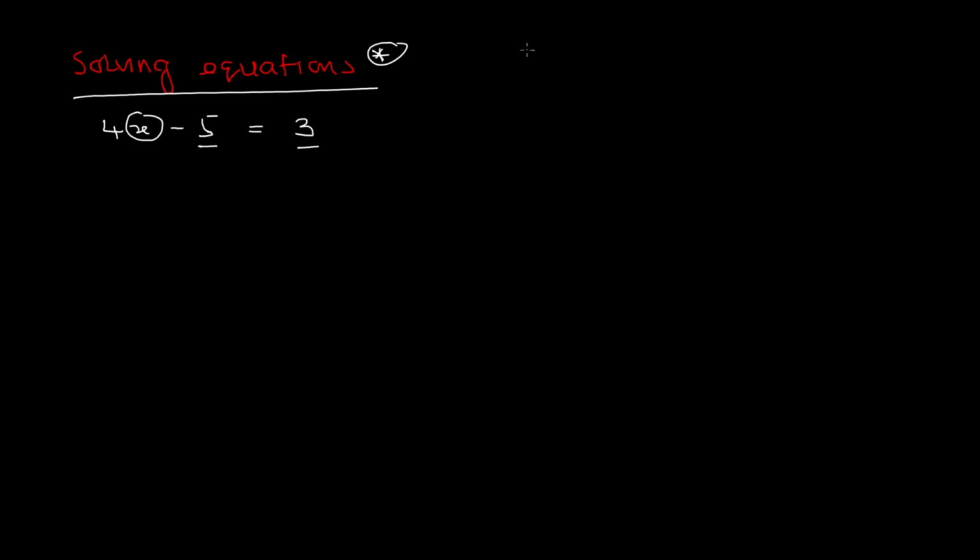So whatever I do, I want to make sure that by the end of the day, I have x is equal to everything else on this side. So it's almost like I need to remove whatever I have here and transfer it to the other side. So we start with the easiest thing to do, which is to move this one. So we have to remove this.